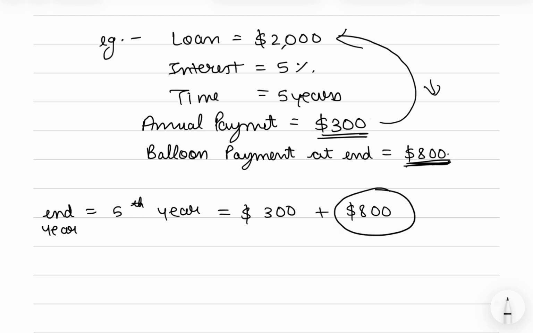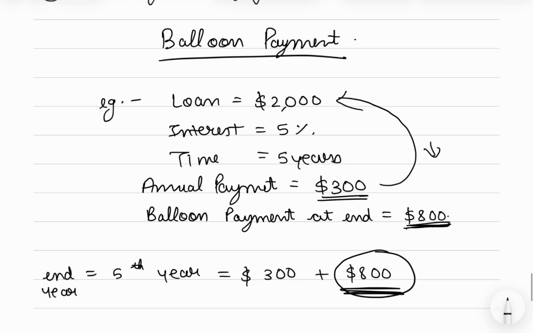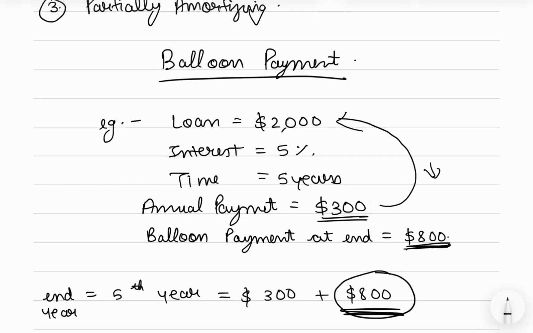So this is the balloon payment that we are paying, and this is a partially amortizing structure, majorly similar to the amortizing structure, but with the provision of a balloon payment that is linked to a bullet structure. So these are the three commonly used structures.